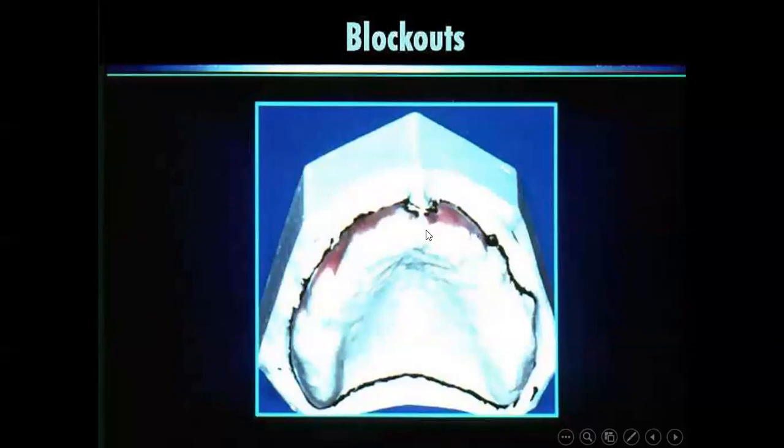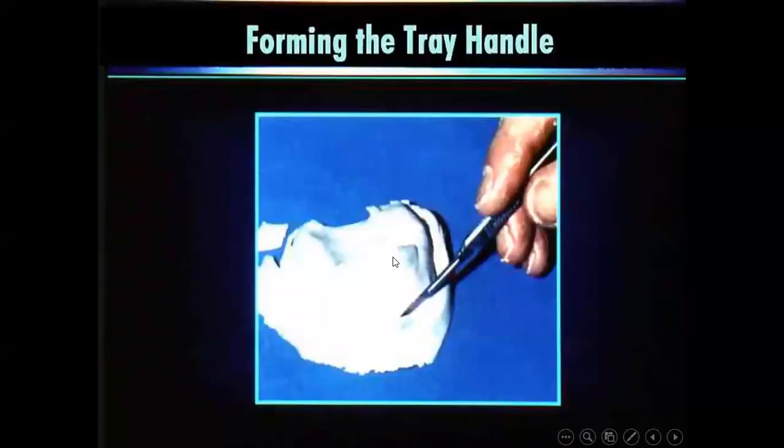Before we fabricate the special tray, we should block out the undercut areas with wax. This is the undercut area; we block it with wax. Then we form the special tray. This is the handle.